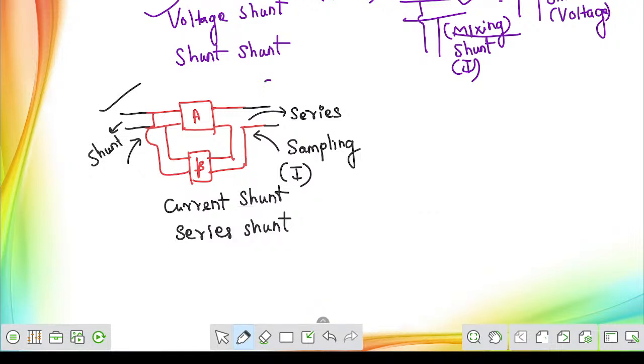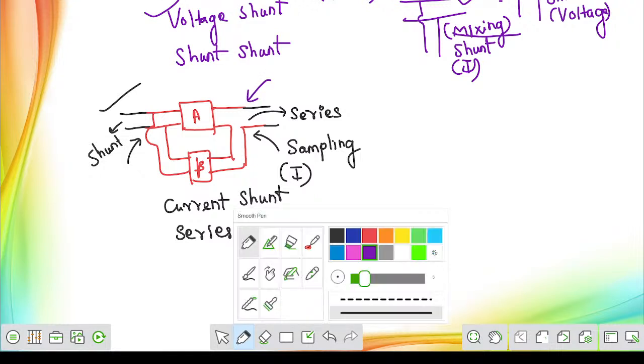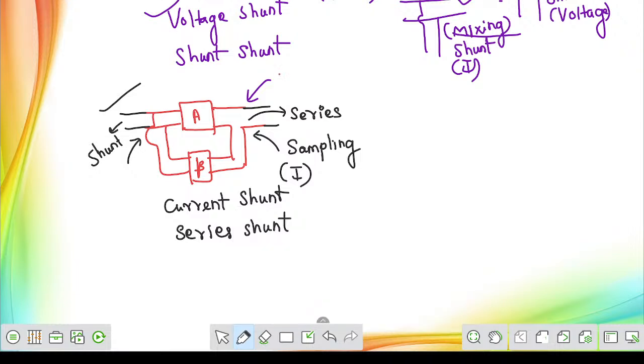Only remember, forget about all topologies: if your output is series, then the output resistance will become the old output resistance plus, let me call it R0 dash, R0 dash equal to old output resistance times 1 plus A times beta, where A is the open loop gain, AOL. Beta will be the feedback factor, both will be given. From this calculate the value of output resistance.